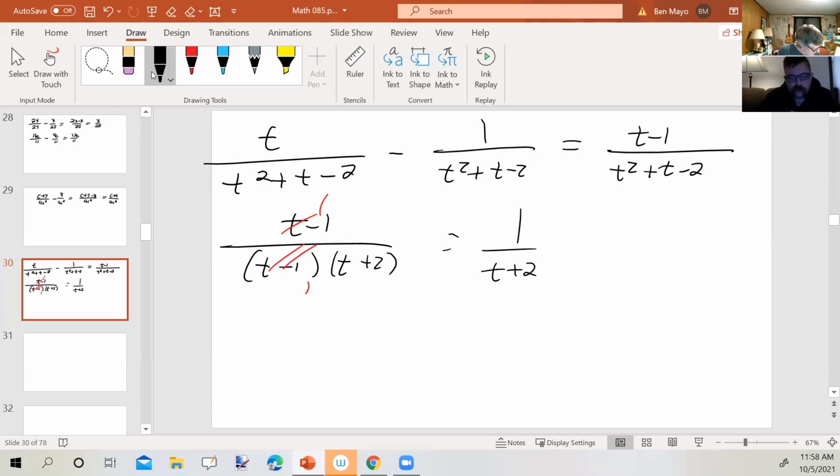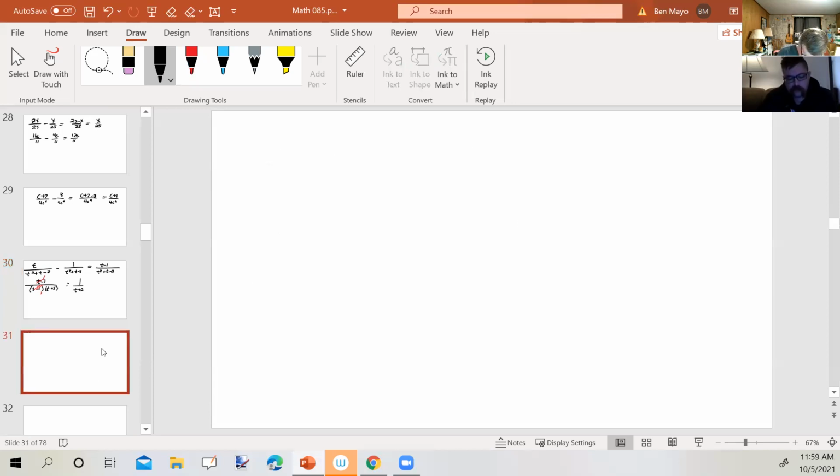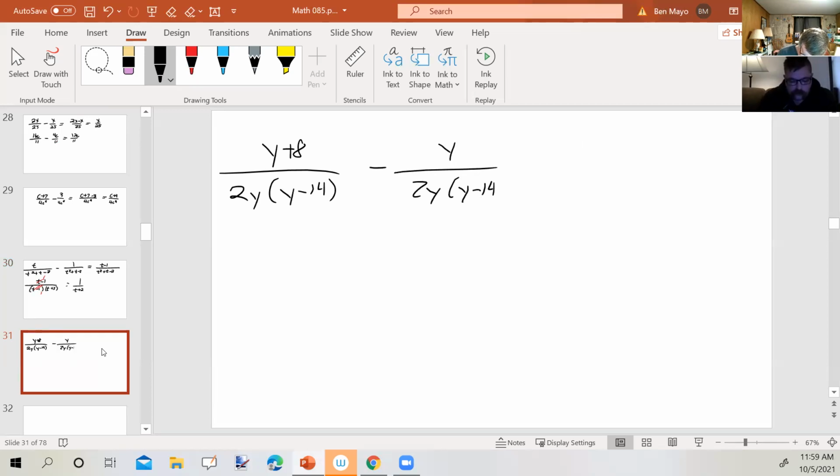How about this one? y plus 8 over 2y times y minus 14 minus y over 2y times y minus 14. So that's y plus 8 minus y over 2y times y minus 14.